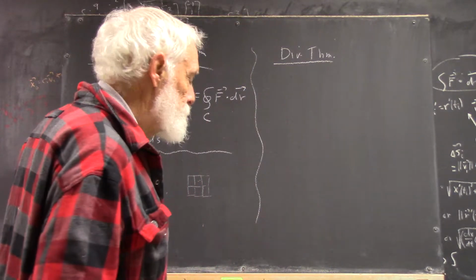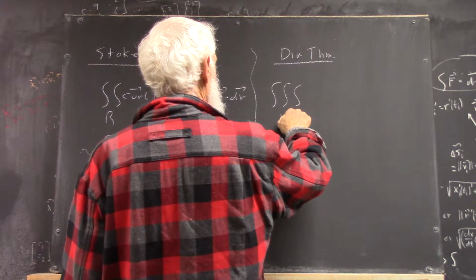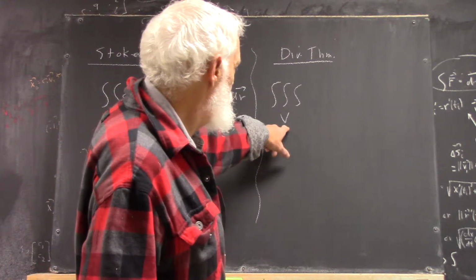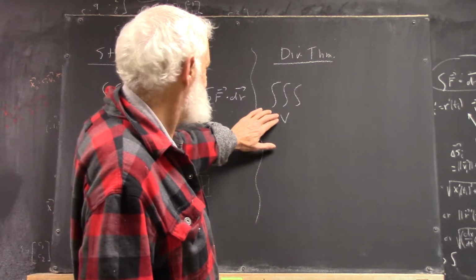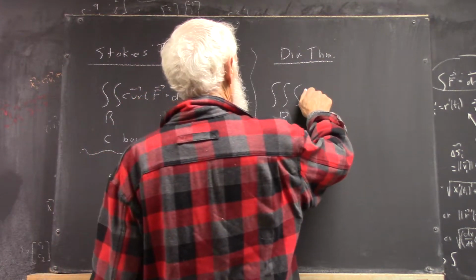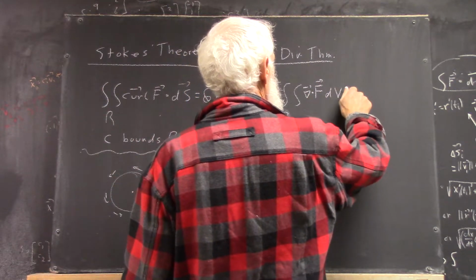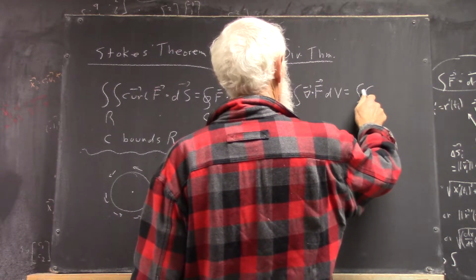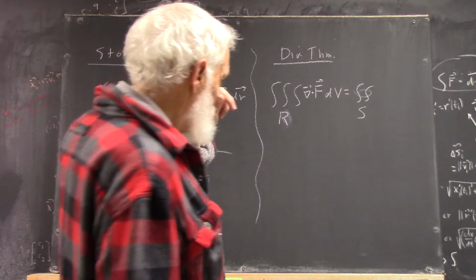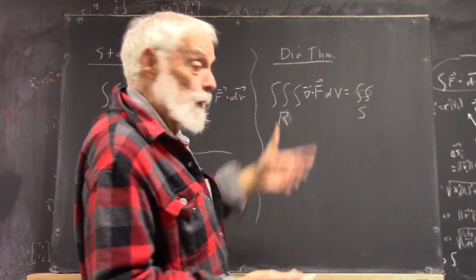In the divergence theorem, I'm using a capital V. I'm not sure of the letters your book uses, but this is a bounded region in three-dimensional space.